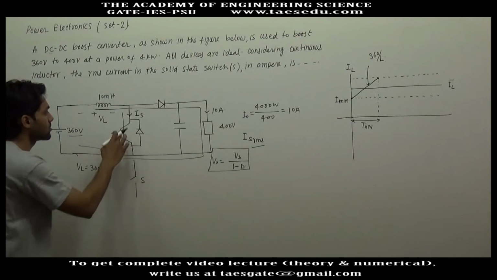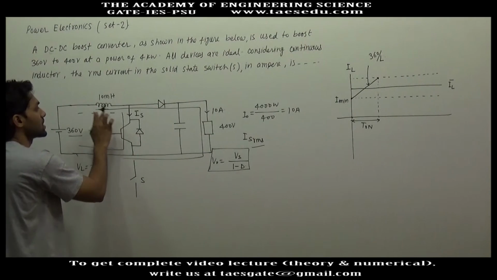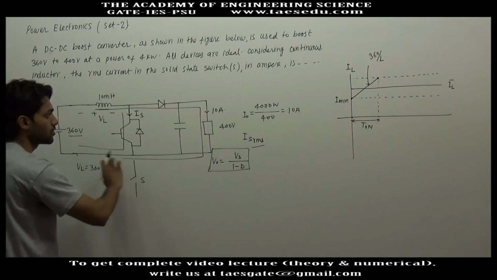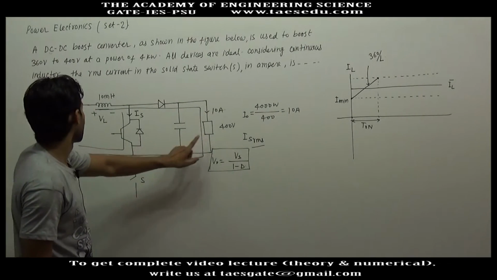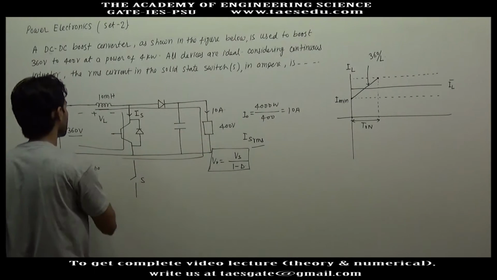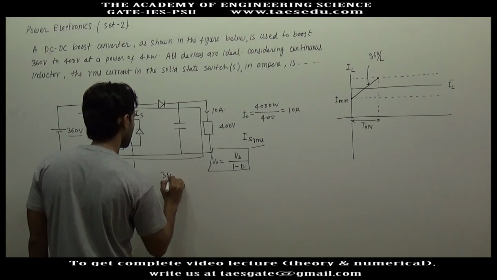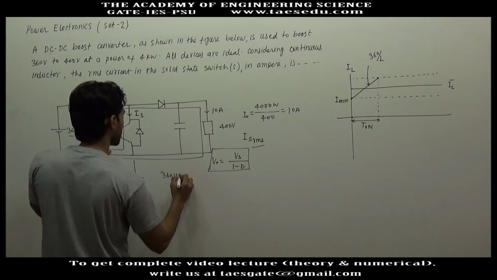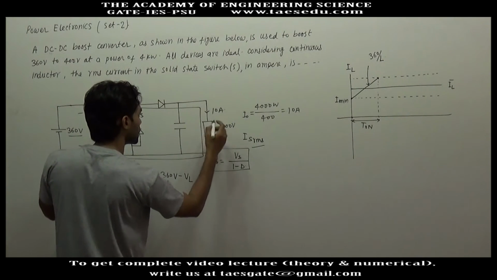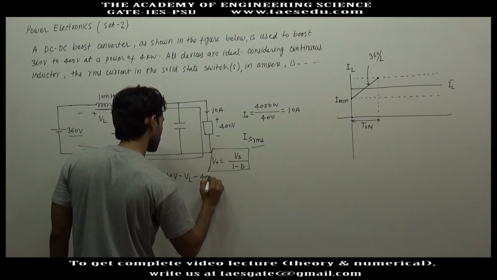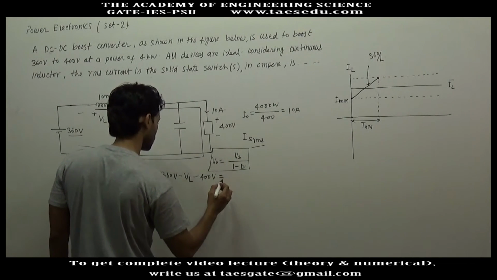Now when this switch is disconnected, this established inductor current takes the path of the load. If you move in this loop, here you have a gain of 360 volt, minus VL, here a drop of 400 volt, equal to 0.